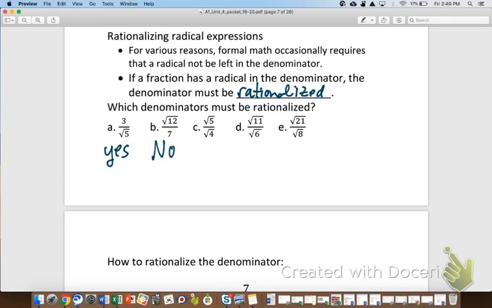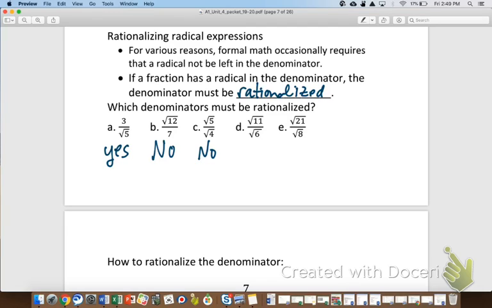Really? No. Look more carefully. It's the square root of 4, and what's that? 2. So technically it's root 5 over 2. So we really don't have to. All we have to do is recognize that the square root of 4 is 2, and we're done. There's no need to simplify it beyond that.